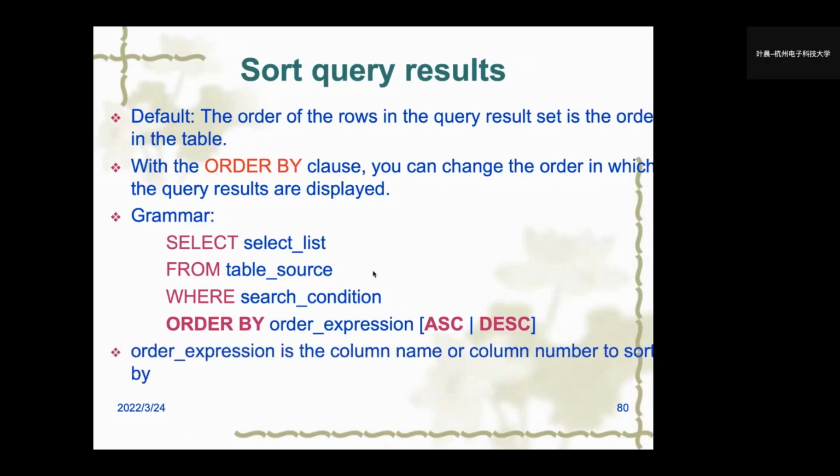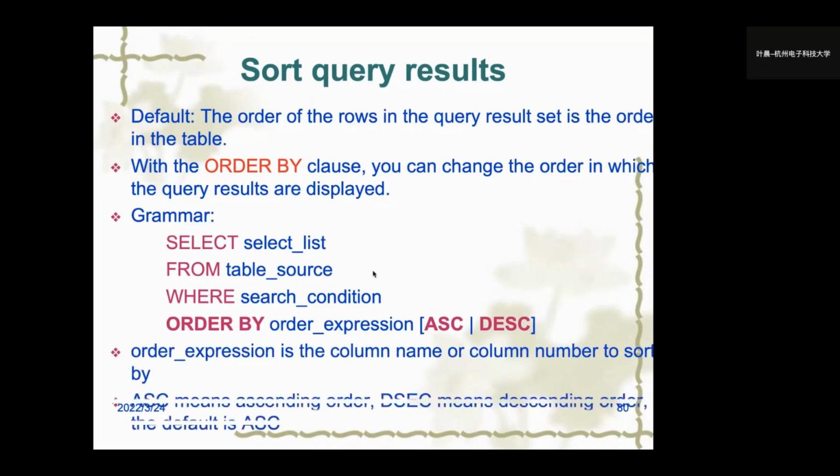The order expression is the column name or the column number to sort by. ASC means ascending order, and DESC means descending order, and the default is ASC. So if you want to order the query results in ascending order, you don't need to write ASC. Otherwise, you need to write DESC.